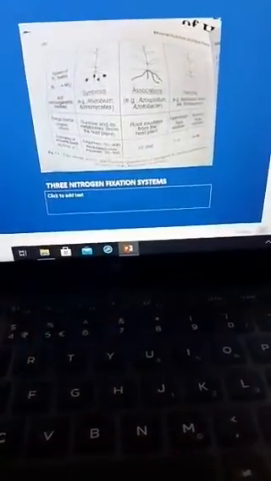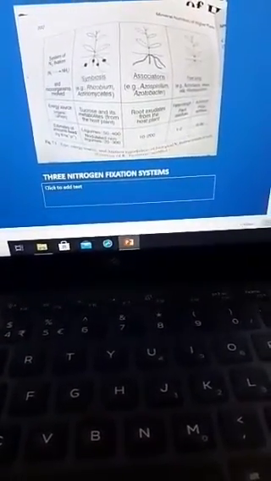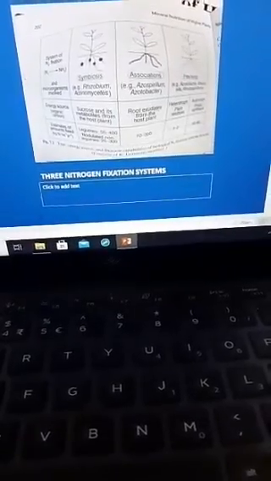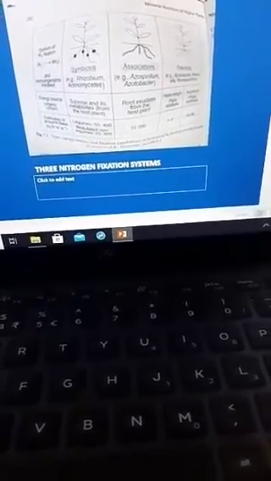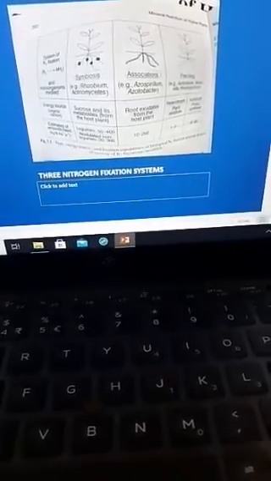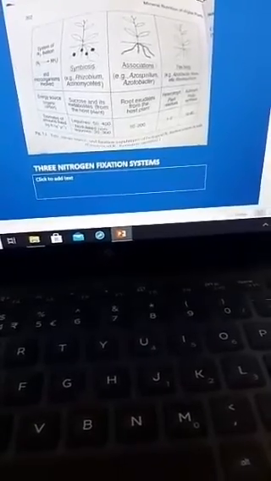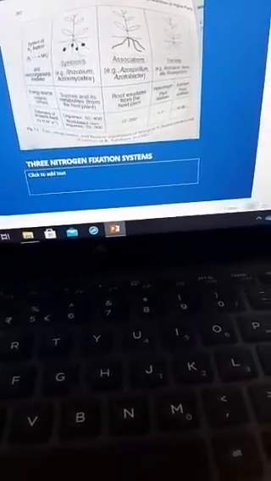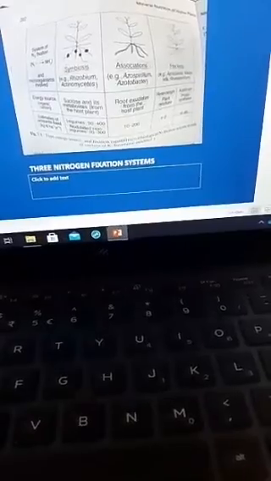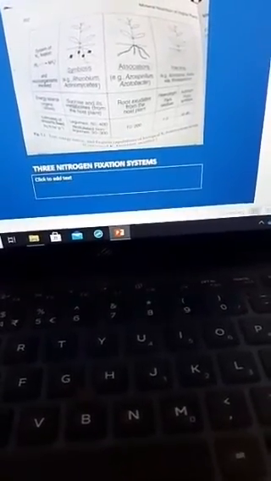Now, this table is just showing you these three different types of nitrogen fixation: the symbiosis, the associations, and the free living ones, highlighting the sources of energy for the nitrogen fixation, also saying a bit about the effectiveness of the system, and so forth.